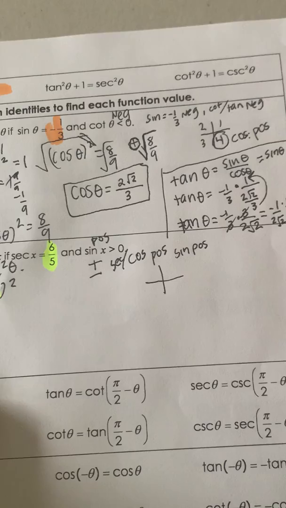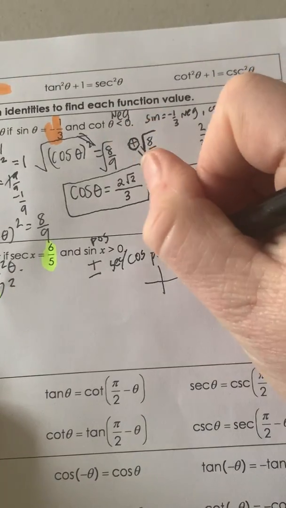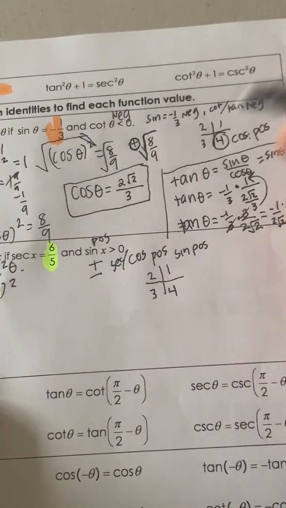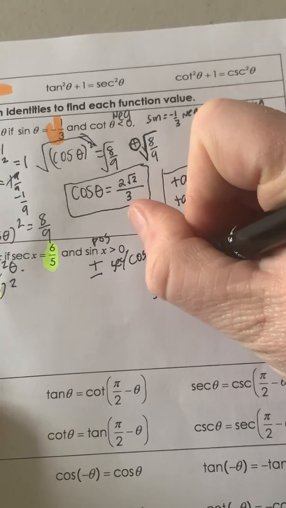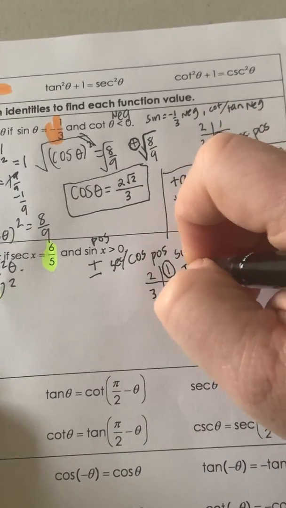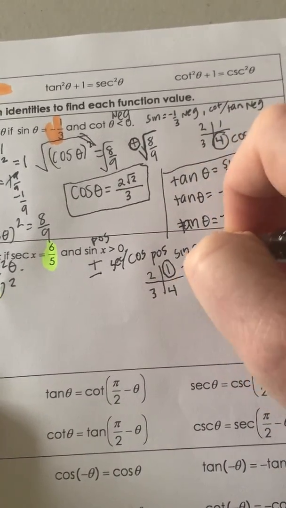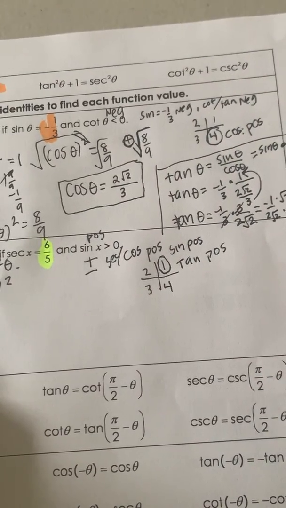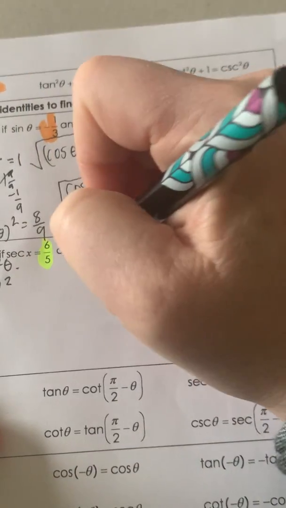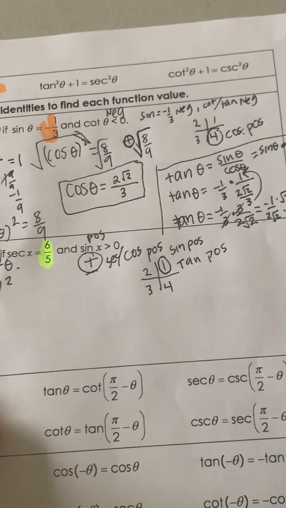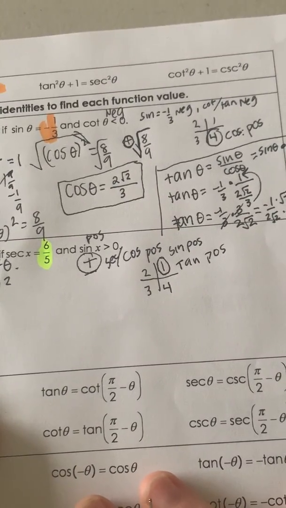So in what quadrant would cosine and sine both be positive? Quadrant 1. And so that makes our tan still positive, so all of our solutions should be positive. We'll choose the positive value when we square root both sides.